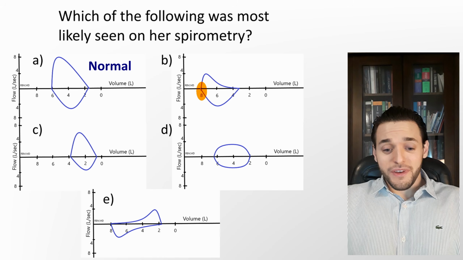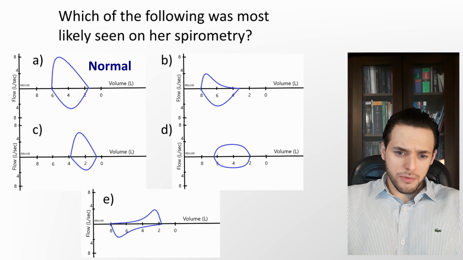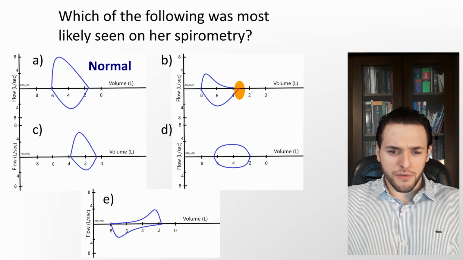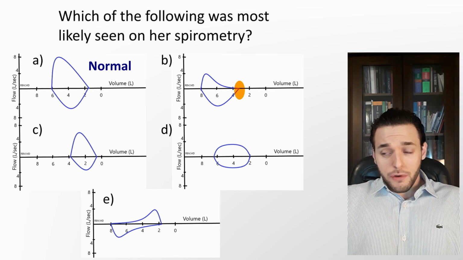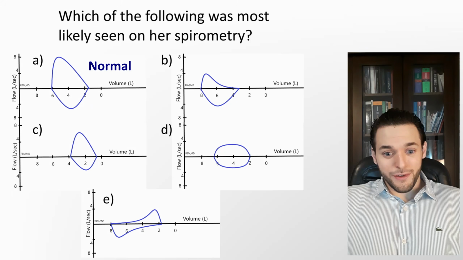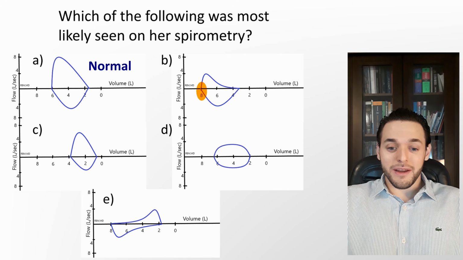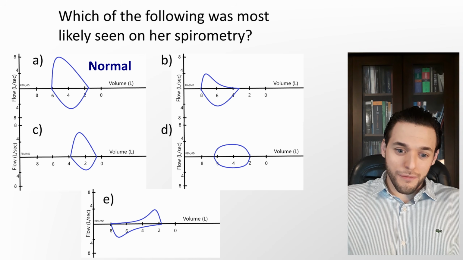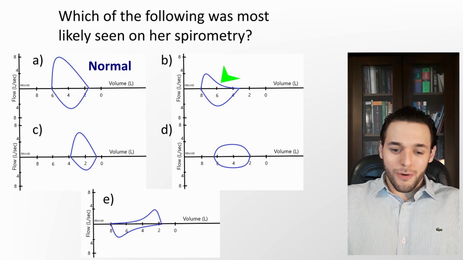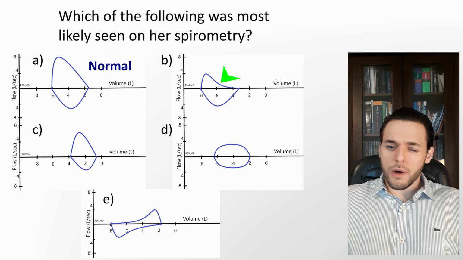On the other hand, you could see here, for example, okay, what's the smallest volume the lung reaches here? It's about 3.2 liters perhaps, maybe 3.5 liters. So you can see that you have an increased residual volume here. You have an increased total lung capacity and an increased residual volume. And besides, you can see that the flow curve here on expiration is looking somewhat weird.